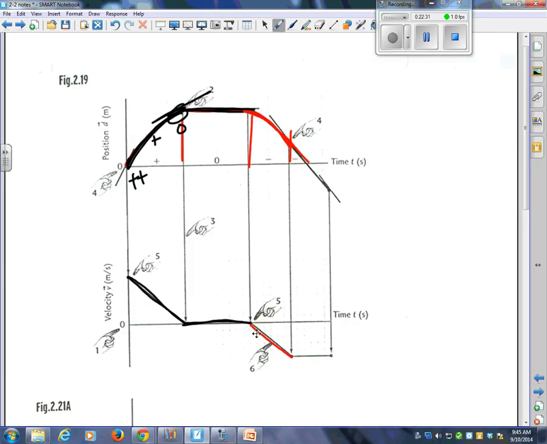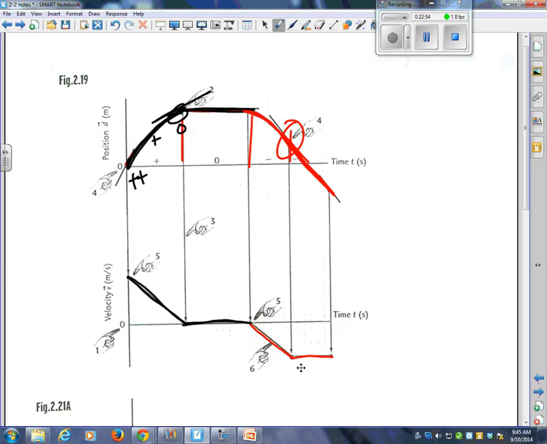It's a straight line. What's happening to the slope of the DT graph in this area here? It's maintaining a constant slope, which means my velocity is flat, not straight. And you have to sort of guess at what point it stops being curvy and starts being straight.